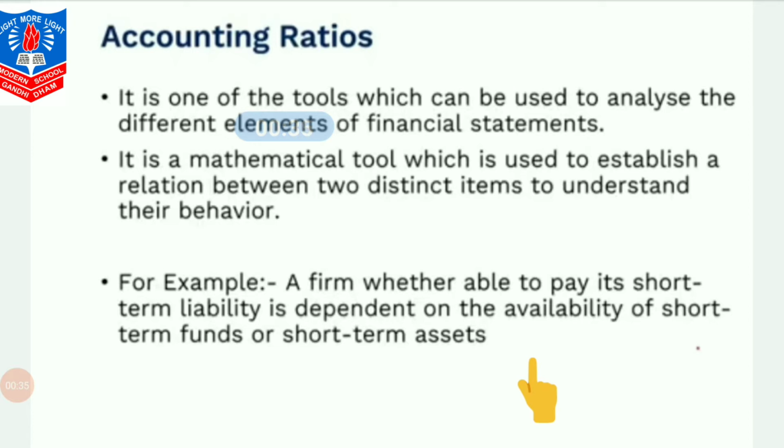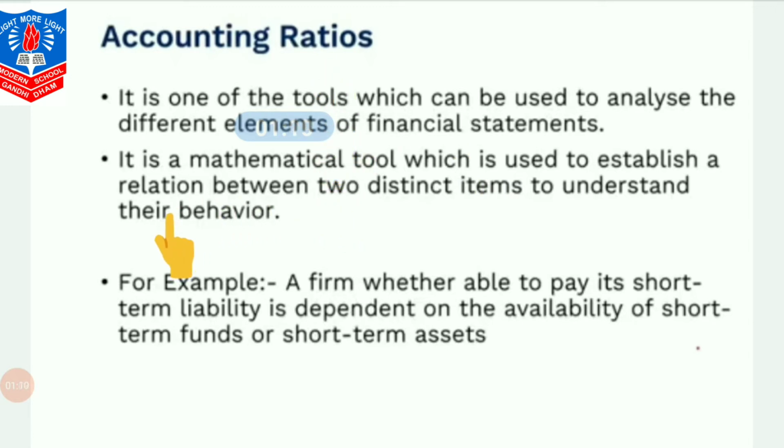It is one of the tools which can be used to analyze the different elements of financial statements. Now, all of you know what we mean by financial statements: P&L and balance sheet. Whatever information is available in these statements, when we analyze it, a tool is used, and that tool is known as accounting ratio.